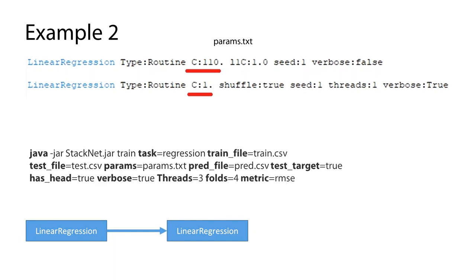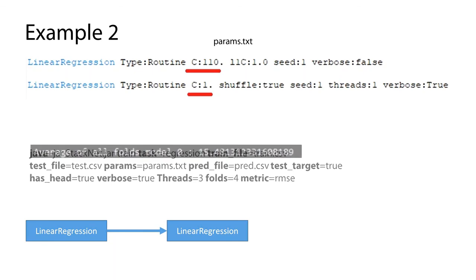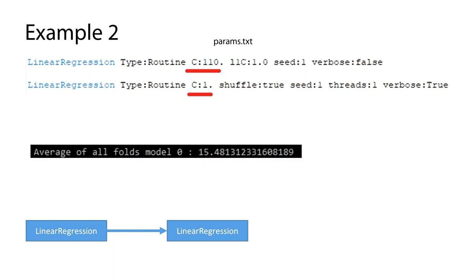So if we run this in the same area where all these files are, and where the StackNet jar file is, then at some point it will print the average metric for the first model. So these are the cross-validation results, where the average error is around 15 here.